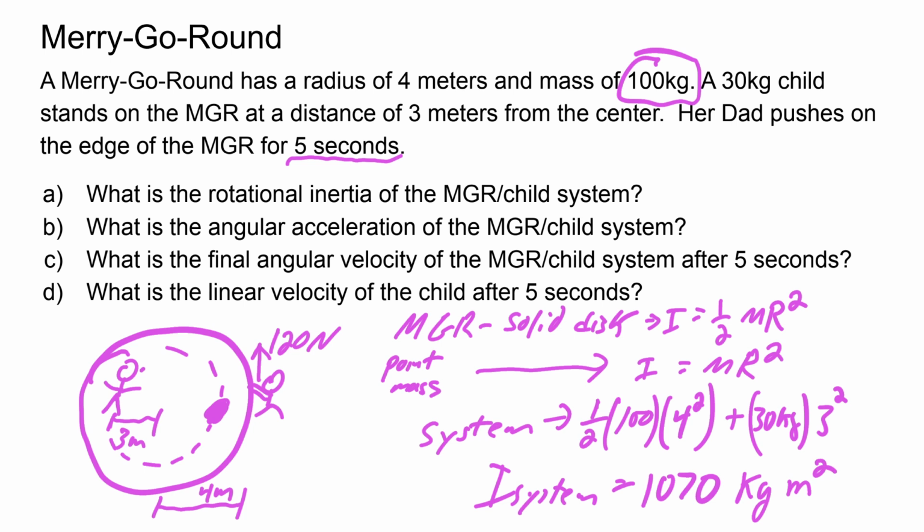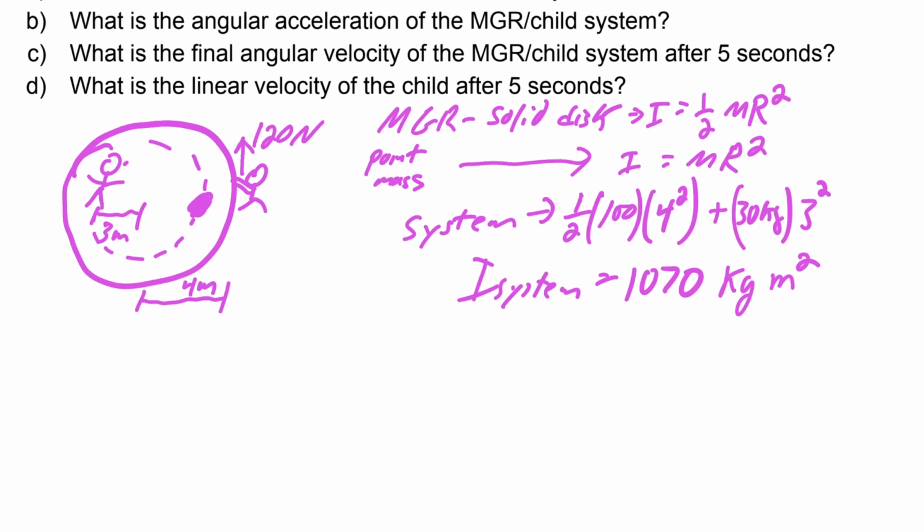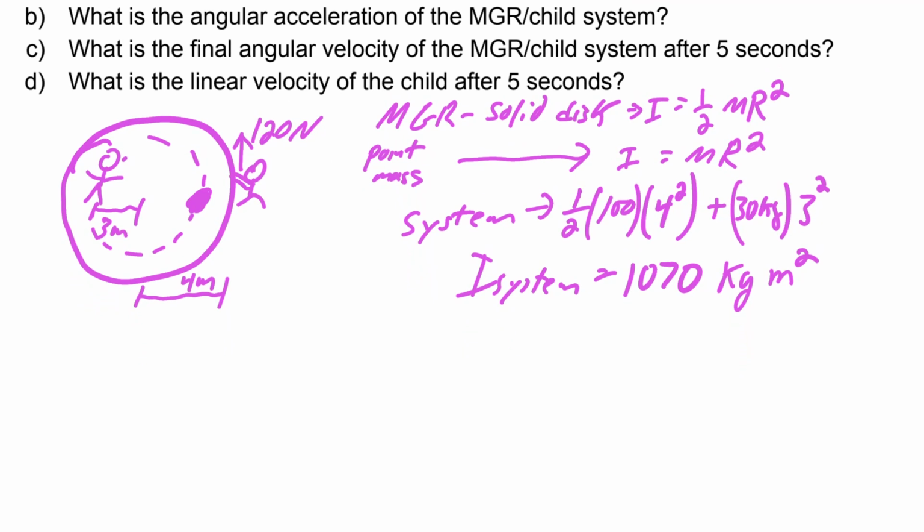Alright, let's do letter B. So letter B, we're now looking for the acceleration. For this we're going to be using basically Newton's second law for rotations. That means when we sum up our torques, we set that to I alpha. Now in this case, our torque is simply the dad pushing.